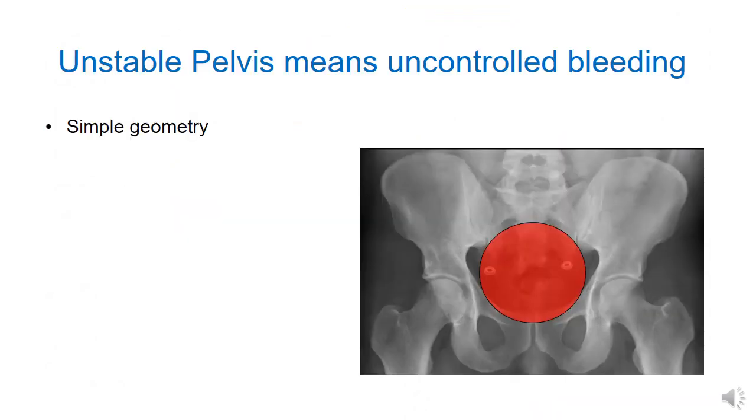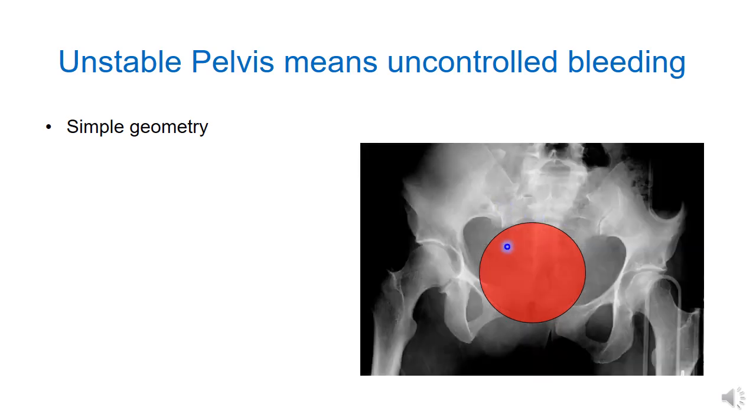Why is unstable pelvis very important to us? Because unstable pelvis means uncontrolled bleeding. If we see the pelvis here, which is not fractured, if we have this hematoma after injury, it will be self-contained, or there is what's called tamponade effect of the intact pelvic ring.